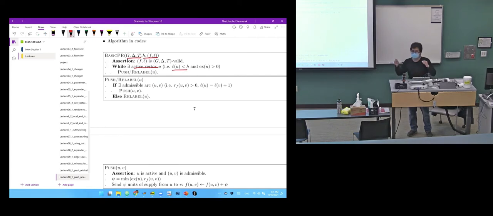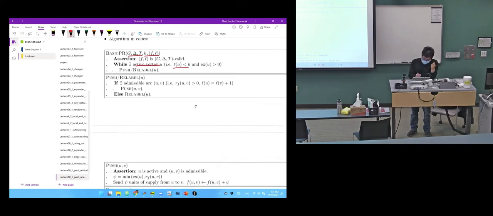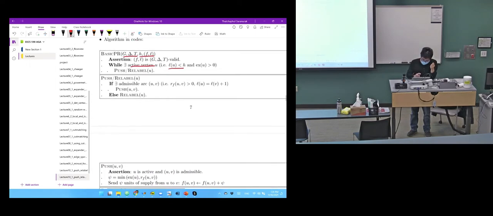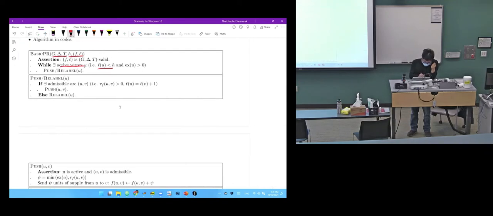If the node has level h already, then we give up on that. Any node that still has excess but has level less than h, we try to remove excess from that node. So choose the active vertex U, and try to push or relabel U.